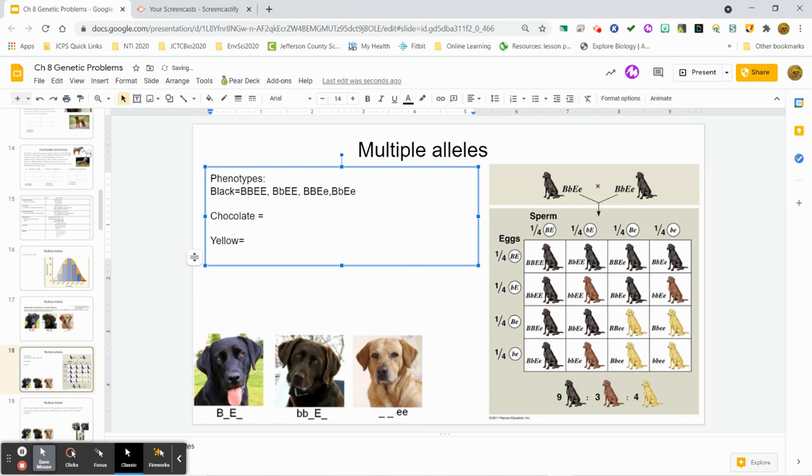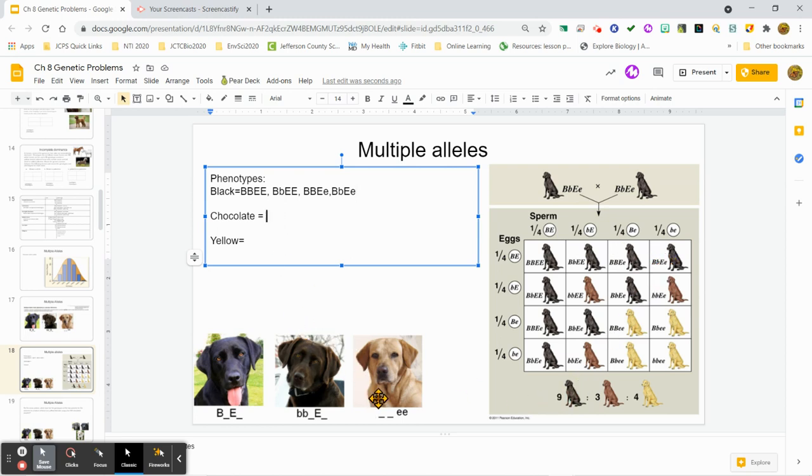So you can basically have four different genotypes to get a black, but it has to have one big B and it has to have one big E. And it really doesn't matter what the other ones are. So that should match up with those 9. You should have 9 black dogs. So there's 1, 2, 3, 4, 5, 6, 7, 8, 9 black dogs.